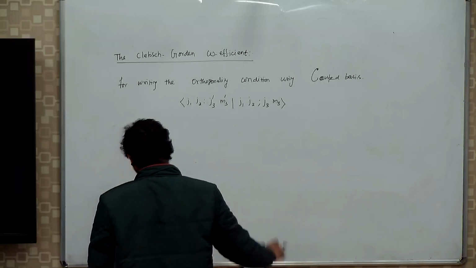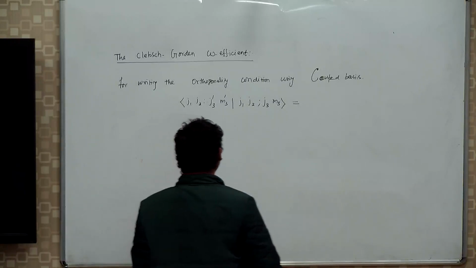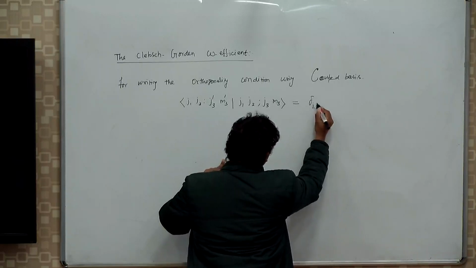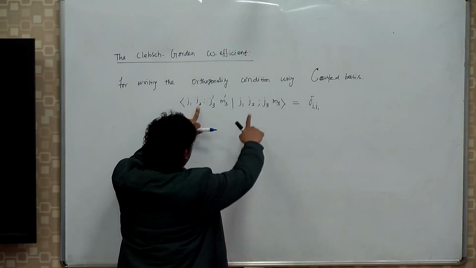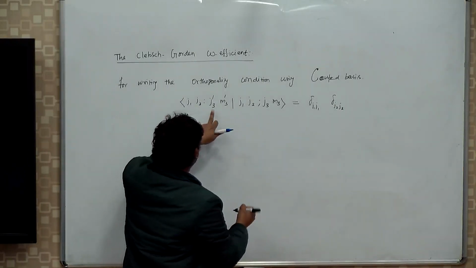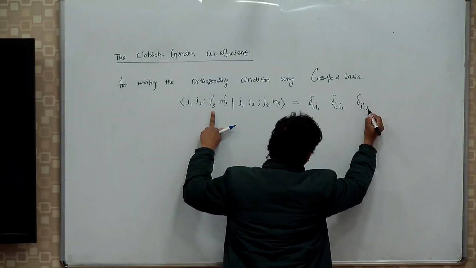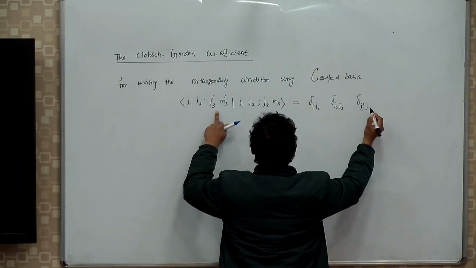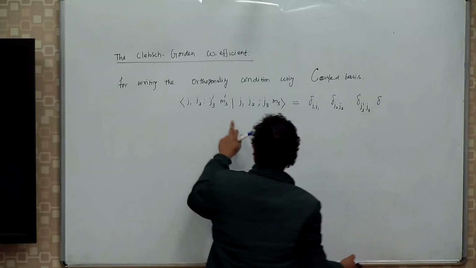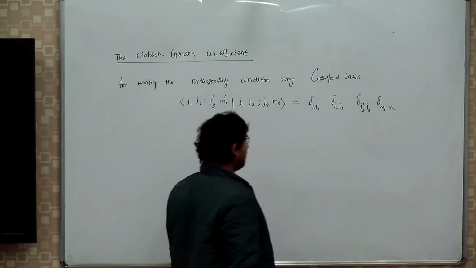Further, this can be written according to the Kronecker delta function: delta j1 j1, delta j2 j2, delta j3' j3, and the last term delta m3' m3.